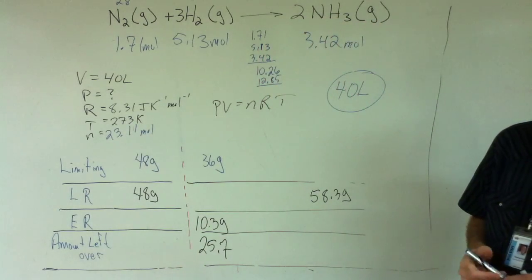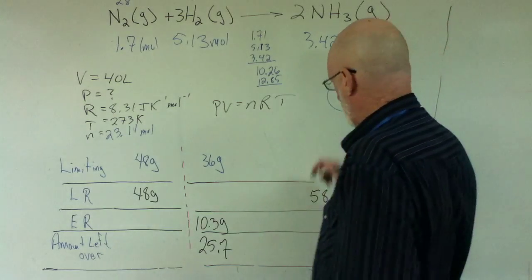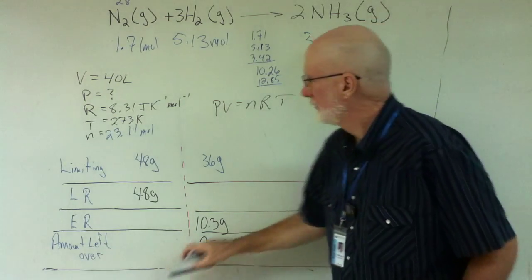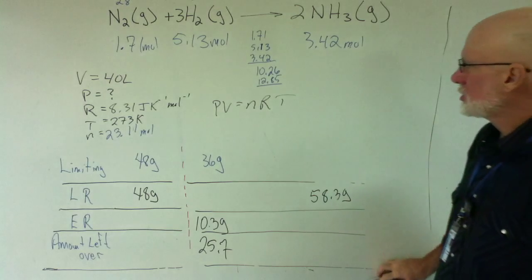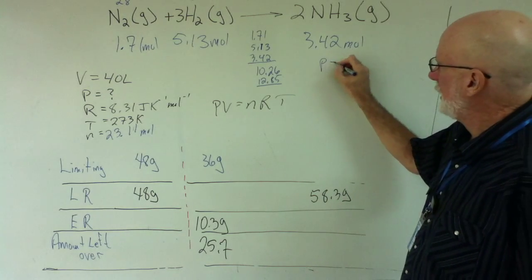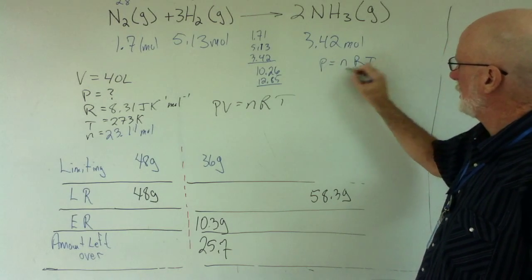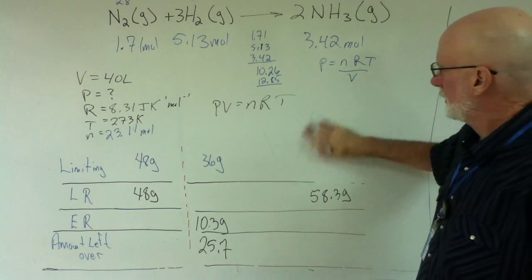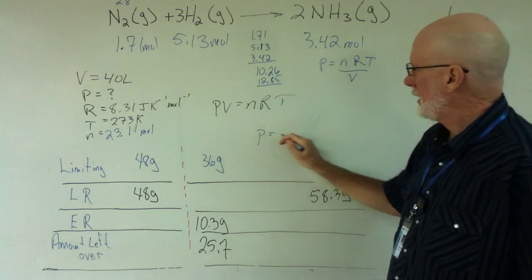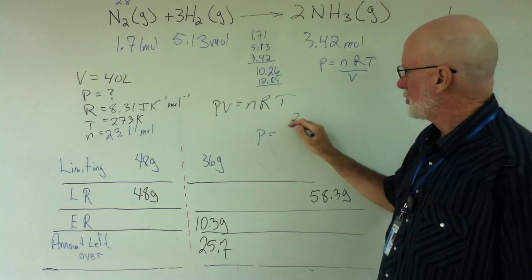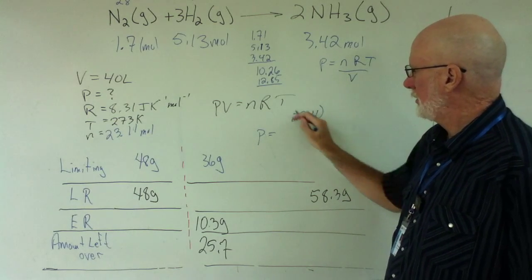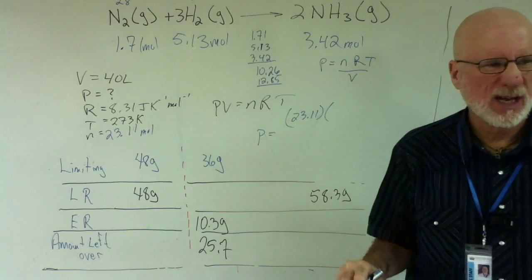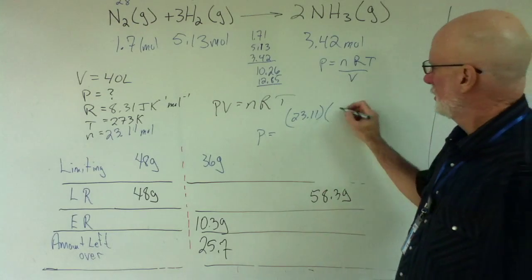Now, can I erase this 40? I want to say P equals nRT over V. So let's put it in. P equals n, which is 23.11. We'll leave off the unit labels, it just looks neater.